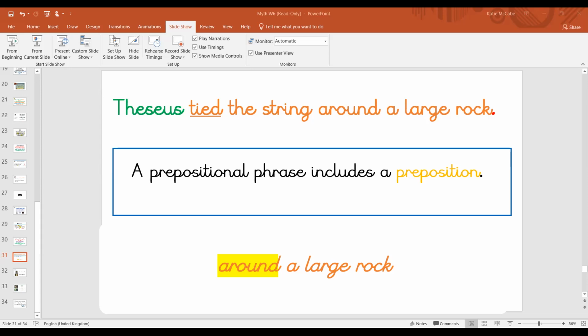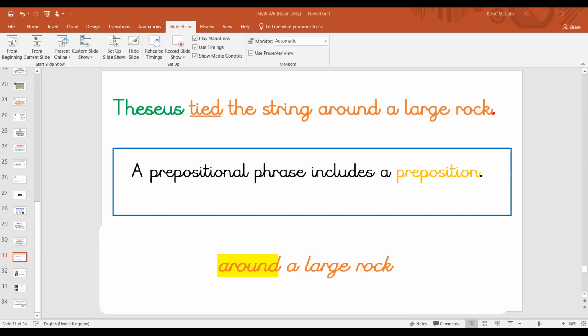That's a really good tip today, because the way that you're going to be able to check that you have used a prepositional phrase is by underlining that preposition. It can't be a prepositional phrase without the preposition. And if you want to show and describe this prepositional phrase, here's my rock.